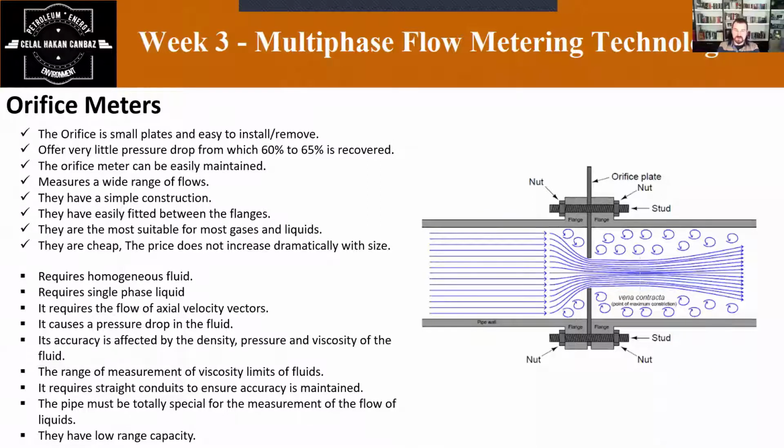It requires straight conduits to ensure accuracy is maintained. The pipe must be totally special for the measurement of the flow of liquids. It has low range capacity. These can be given as the challenges of these orifice meters.